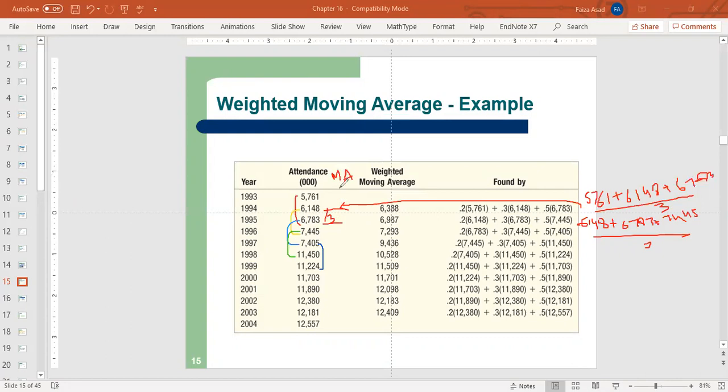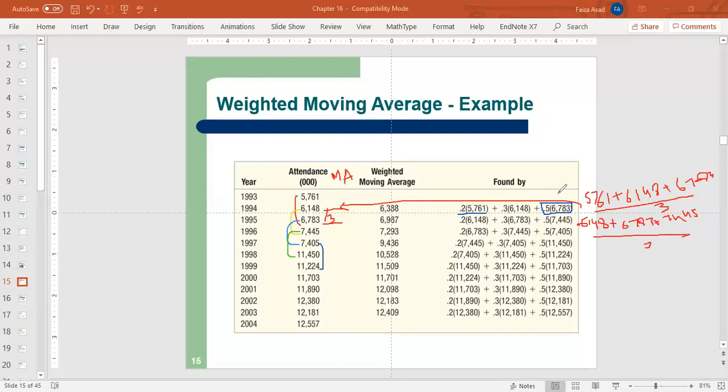But in the case of weighted average, we first multiply 0.2 with the last year of the data, which is 1993 from the current year. So we will multiply with 0.2, then the subsequent year will be multiplied by 0.3, and the most recent year, the third year, will be multiplied by 0.5.